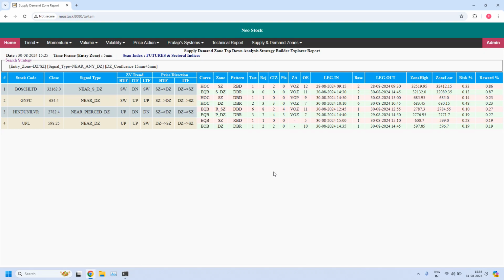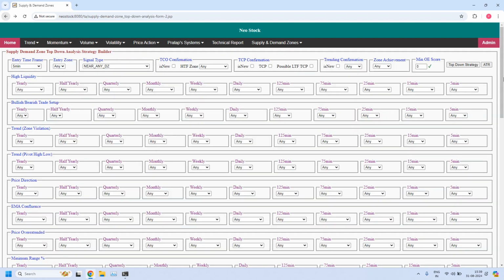All these 4 demand zones are having confluence with the ITF time frame, that is the 15 minutes time frame, but Hindustan Unilever is already pierced, so it's invalid. We can remove that stock. Now let's verify how many of these stocks again have confluence with the HTF time frame, that is the 75 minutes time frame.